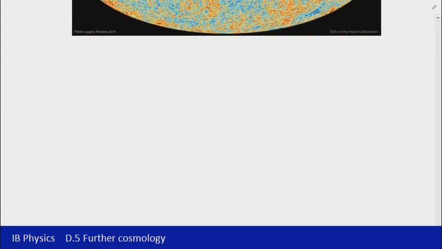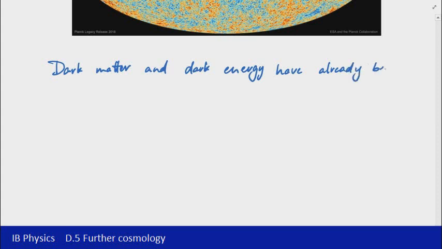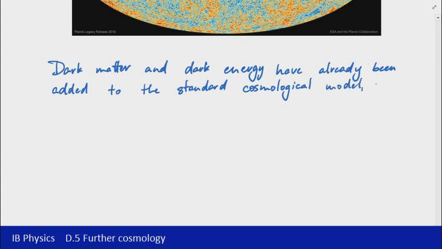Now, the last thing to mention here is that dark matter and dark energy have both already been incorporated into cosmological models. So we have had to adjust our understanding of what's happening in the universe. So those aspects have been added to the standard cosmological model. And with the recent evidence that's being provided about anisotropies, that evidence may actually require even further modification.